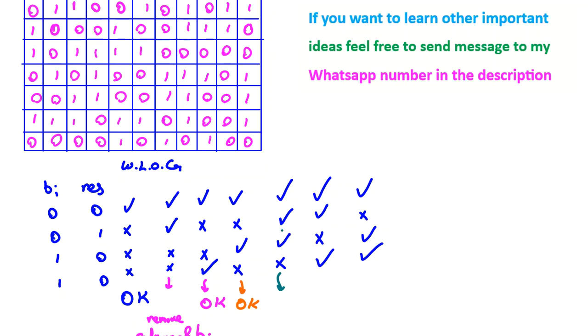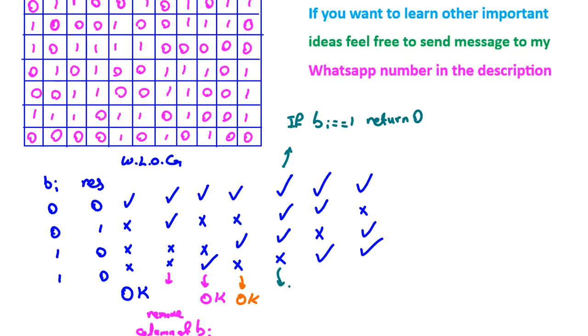So for this case, as you can see, we have this one, this one, this. 0 can have 0 or 1 as a result. 1 can only have 0. So you say if Bi is 1, for this one, if Bi is 1, return 0. Okay, then all rows that satisfy this will be okay. And you can remove this part.